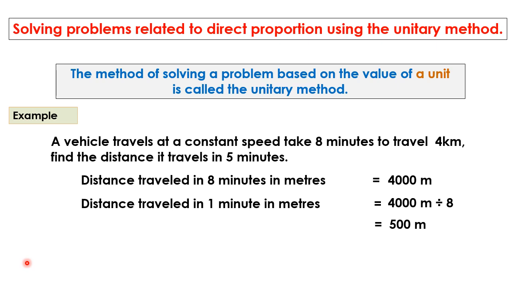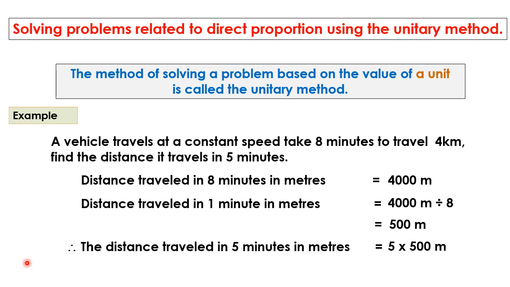So according to the unitary method, we should find the distance traveled in 1 minute. After that, we can calculate the distance traveled in 5 minutes in meters, which is 2,500 meters or 2.5 kilometers.